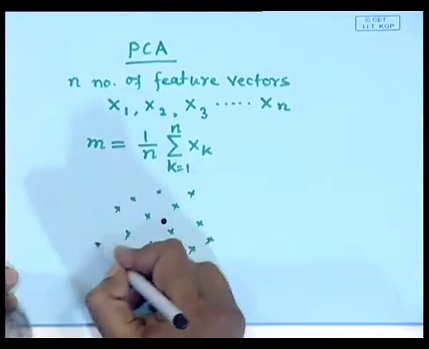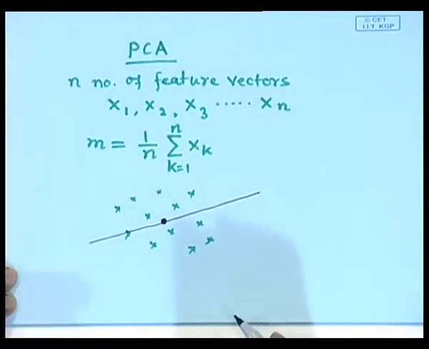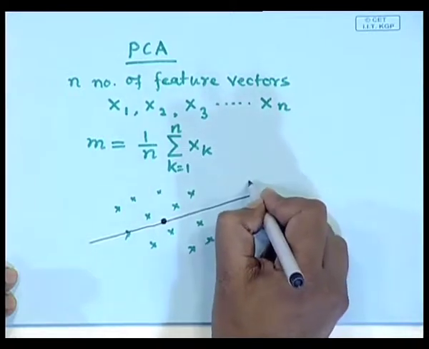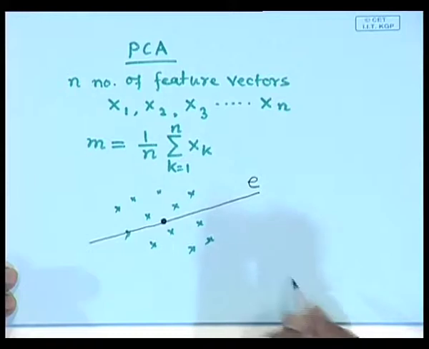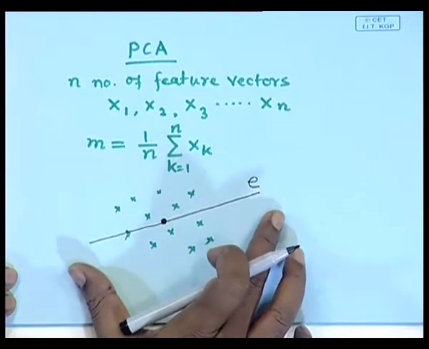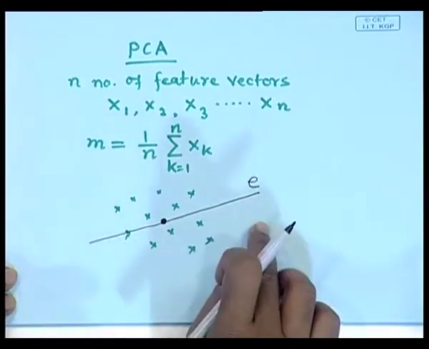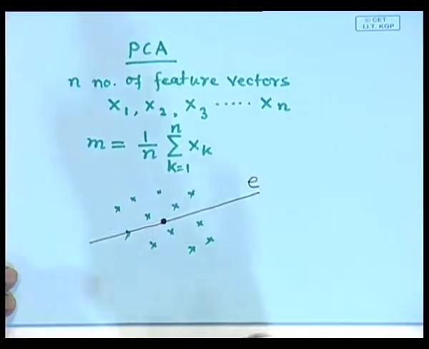So, let us take a line passing through the mean of these feature vectors, and let me assume that a unit vector in the direction of this line is given by e. So, I am in space x, and within the space I have a line passing through the mean of the given sample feature vectors, and the direction of this line is e.